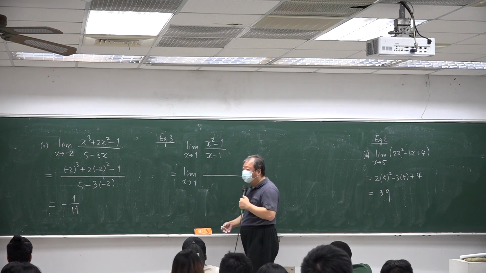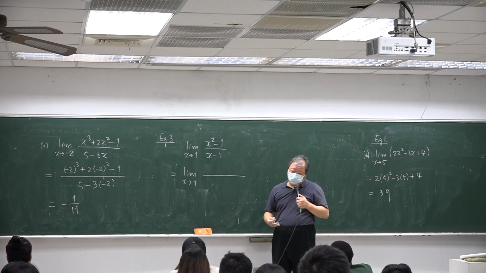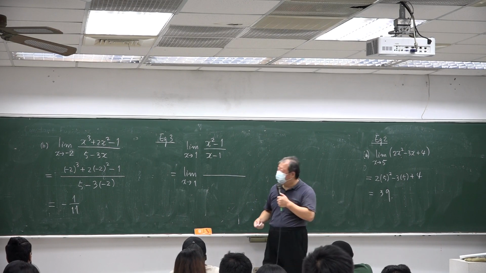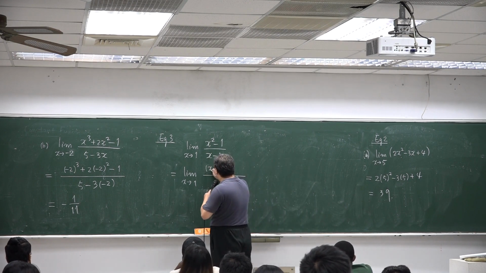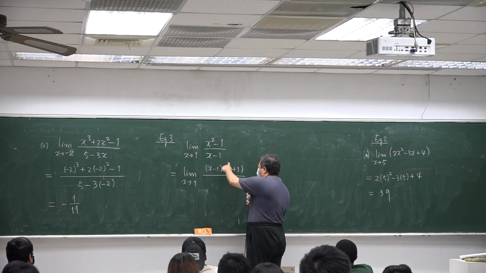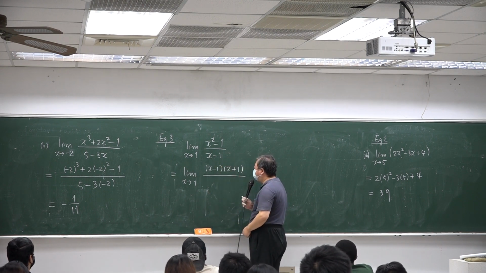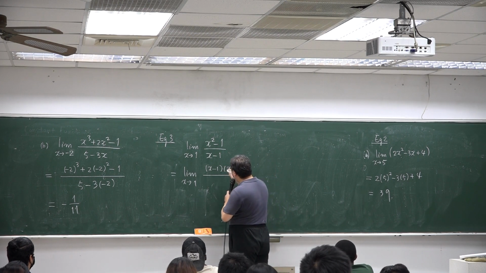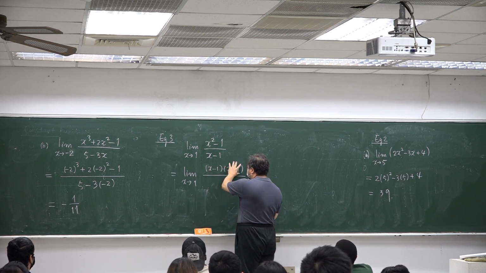So we use the basic properties of operations. The distributive law. x times x plus 1 minus 1 times this one.